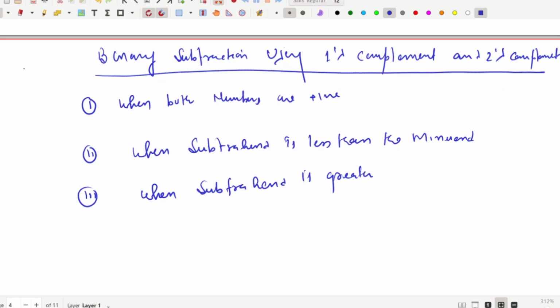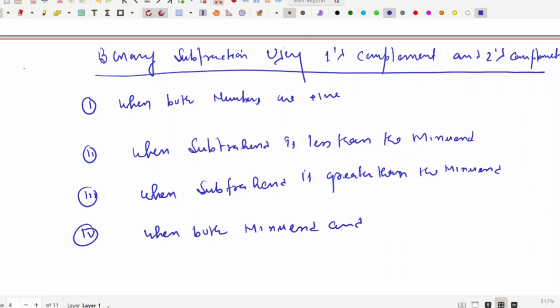And fourth one is when both minuend and subtrahend are negative numbers. So let us discuss the cases one by one.